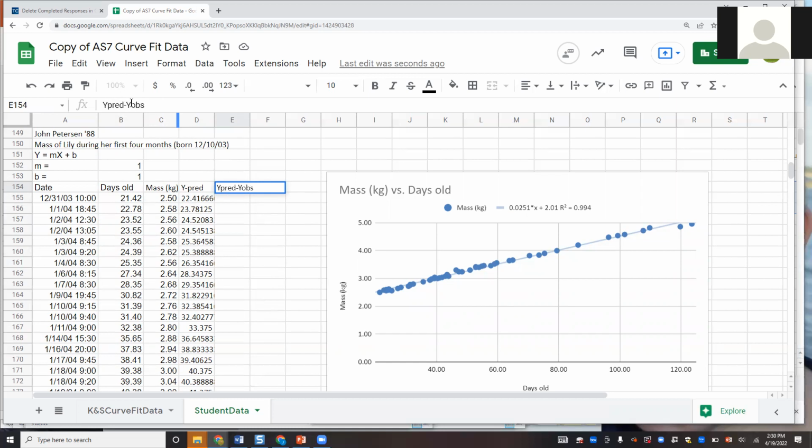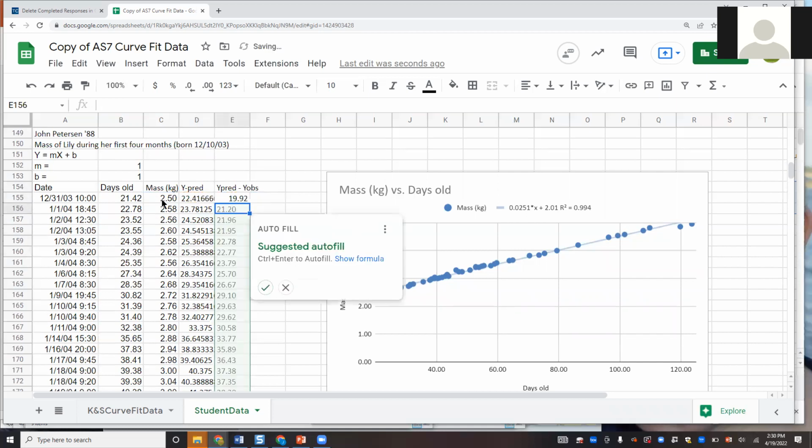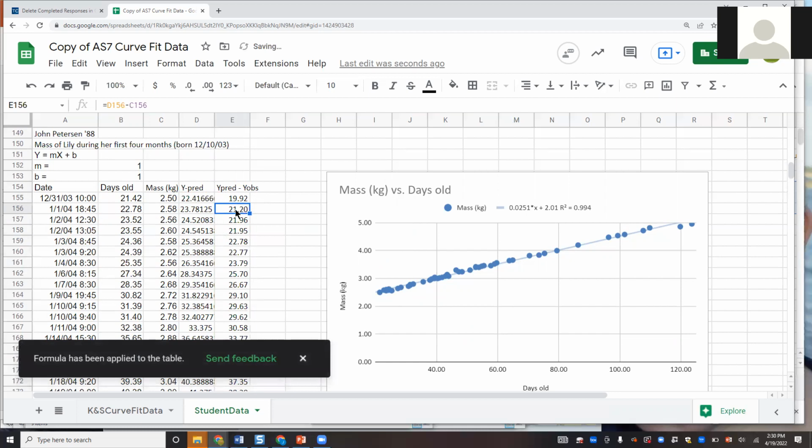Doesn't matter what you call it exactly, but the bottom line is what we want here is to subtract our observed from our predicted. So this is going to be equal to our predicted value minus our observed value. And I'm going to say yes, autofill, that's fine. So this is all of our predicted minus our observed.